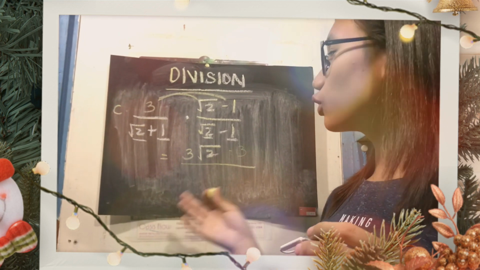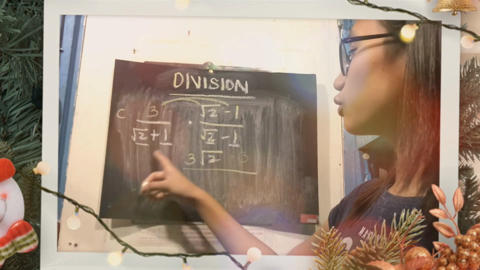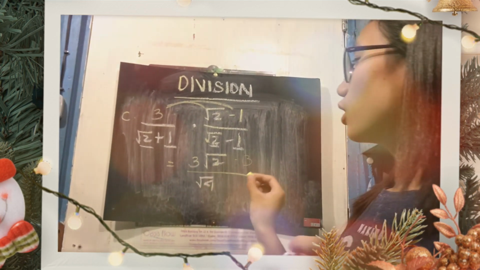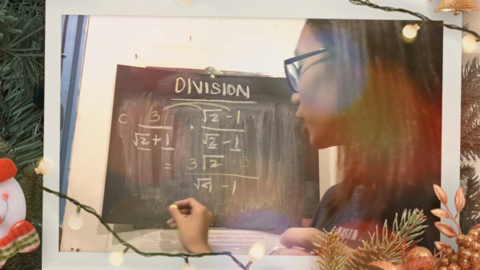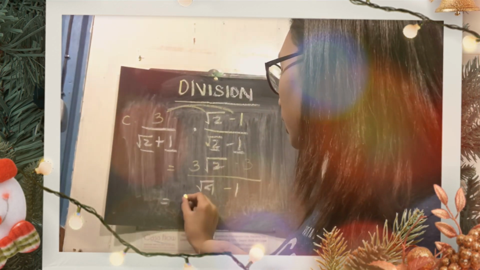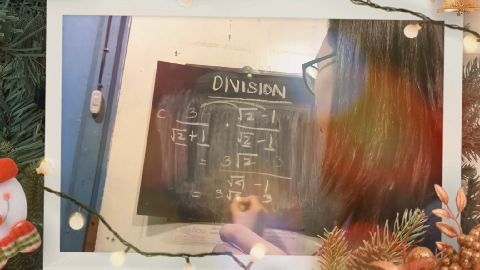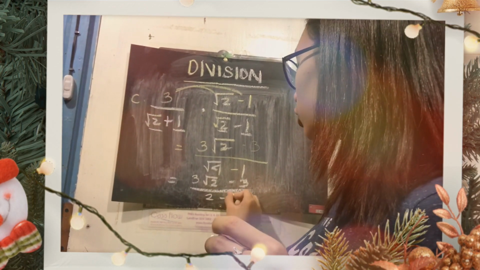So, square root of 2 plus 1 times square root of 2 minus 1: square root of 2 times square root of 2 is equal to square root of 4. 1 times negative 1 is equal to negative 1. Here we have 3 square root of 2 minus 3 over the square root of 4 is 2 minus 1.